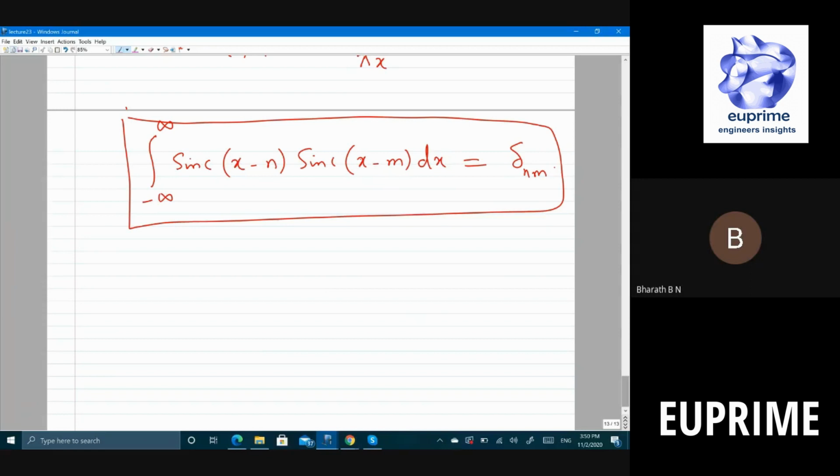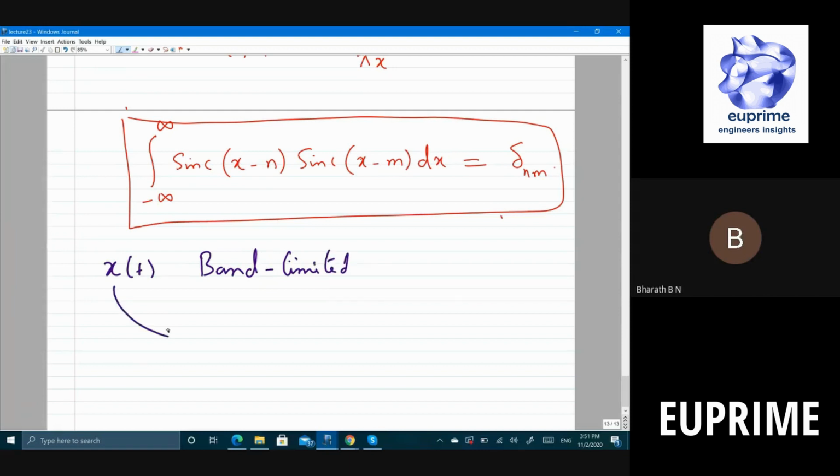Okay. So before that, let's look at an important thing. For example, let's say I have a signal x of t which is, let's say, band limited. What do you mean by that?